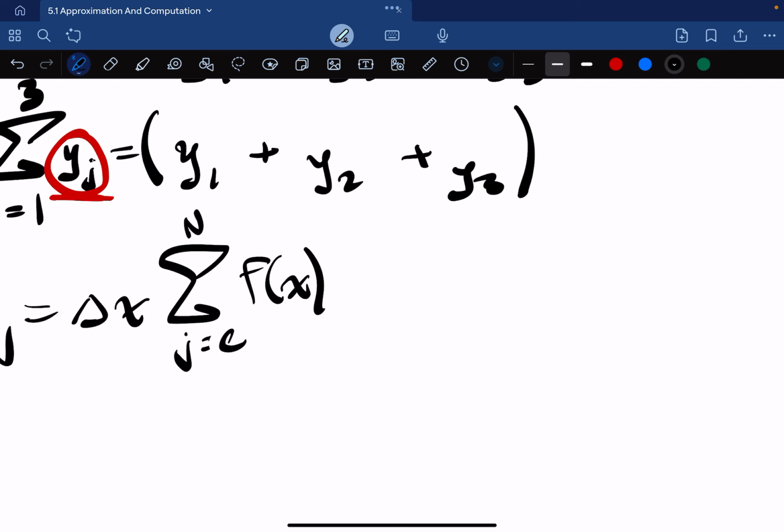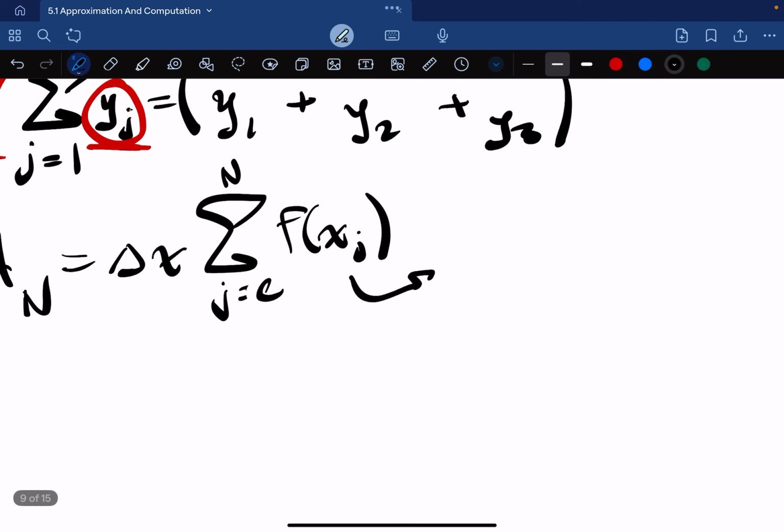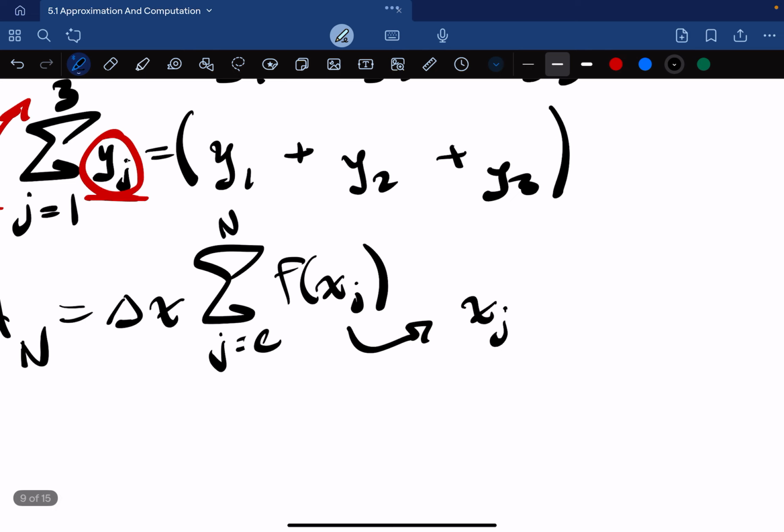Now, I do want to note a few things right away. The first thing is that this x of j term here, that j value ends up getting replaced with the numbers in between this value here and this value here. So for example, let's say I have j equals 2 and n is equal to 3.